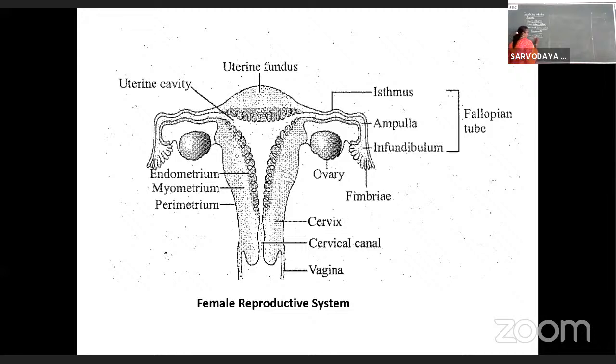Now this stroma can be divided into two regions. Outside, the thin region, you call it as the cortex. Inside, you call it as the medulla. So outside the cortex and inside, the medulla.